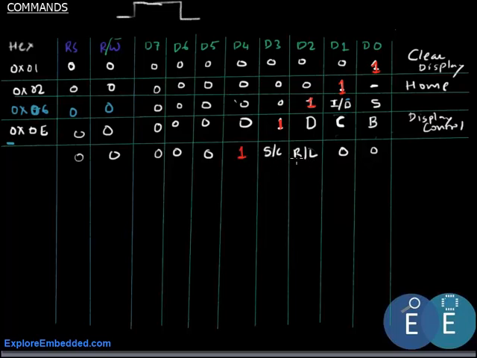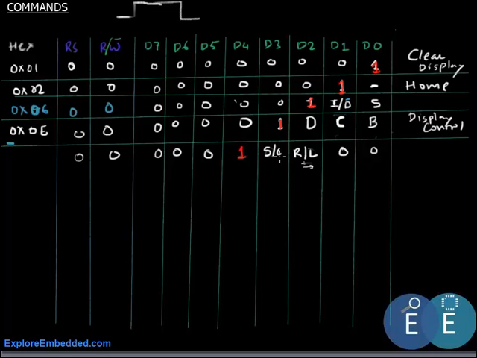If it is 0, it shifts to left, or the cursor will be moved towards left. If it is 1, it moves towards right. Usually we do not shift the display, we just move the cursor.